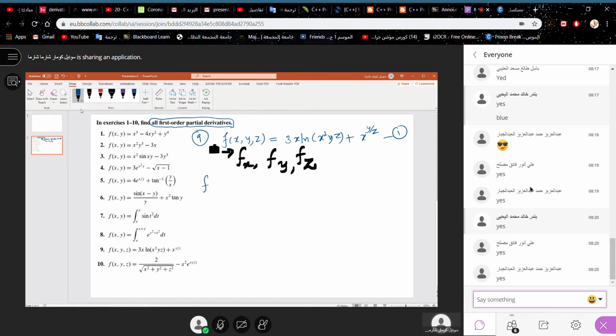Now fx means del f upon del x. Fx means what? Derivative of f with respect to x. So this is del upon del x of 3x ln(x square yz) plus x to the power y upon z.